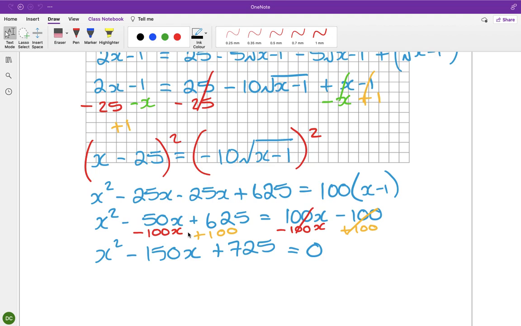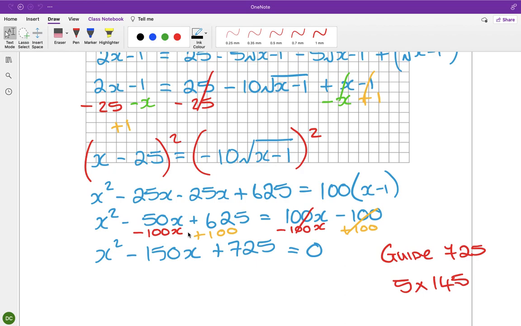Can I get factors of... oh God, no. Oh, 5 and 145, would you believe? So the guide number is 725, but if you multiply 5 by 145, is that right?